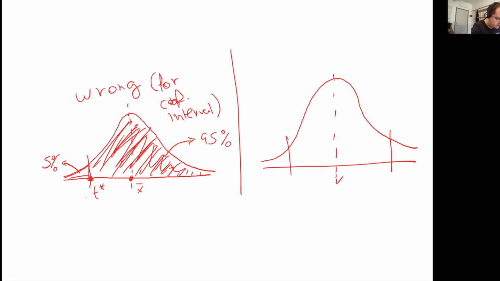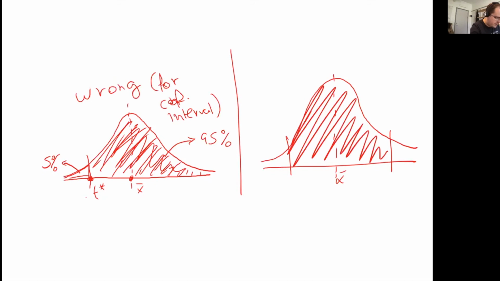So again, let's say this is our X bar. We want this thing here to have 95%. Oh, sorry, not 5%. We want this to have 2.5% and this to have 2.5%.